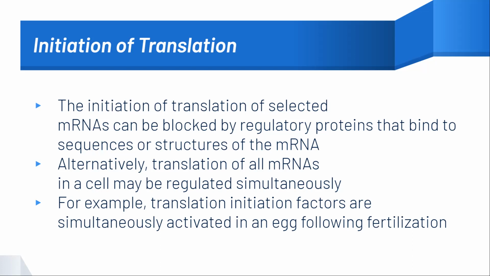So blocking regulatory proteins that bind onto the messenger RNA is going to stop translation and therefore stop protein production. So we can turn translation on and off with various enzymes and regulatory proteins in the cytoplasm.